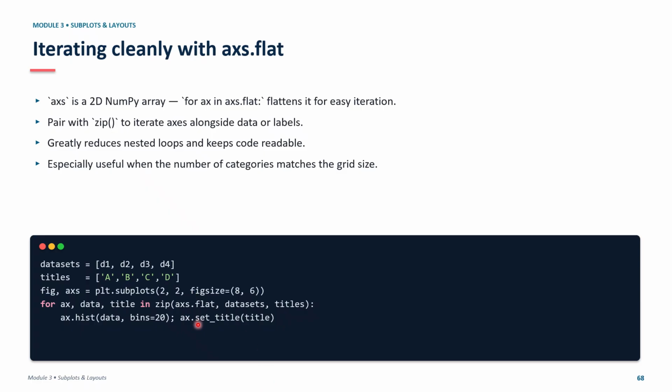The solution: when the axis is defined as a 2D numpy array of axis objects, then axis.flat is a special iterator that can yield all the elements in row-major order, that is from left to right. So any time you are applying the same operation to all the panels in the grid, you can use axis.flat.